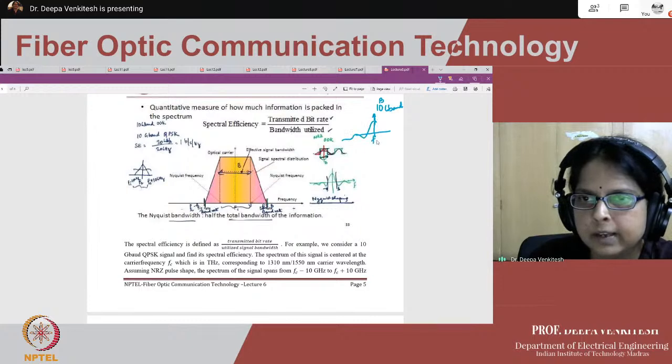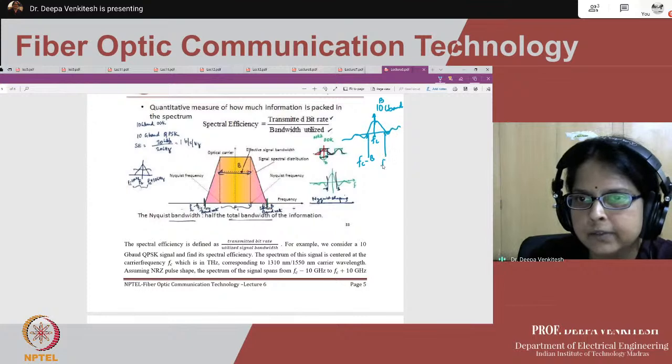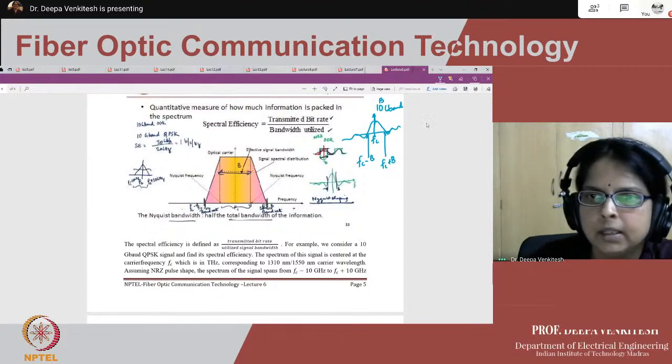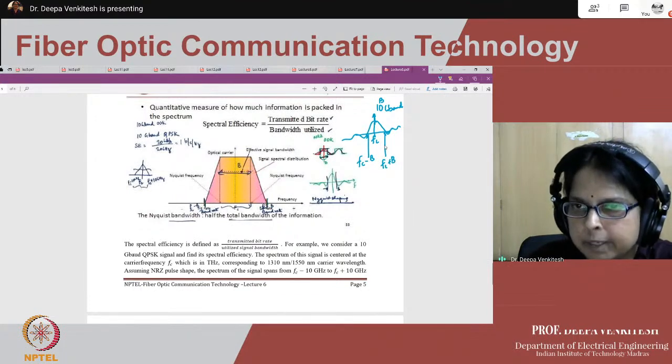This is your carrier frequency. And here is where you have FC minus B to FC. Sorry, this is supposed to be like this. This FC plus B. This is if you do not do any kind of spectral shaping.